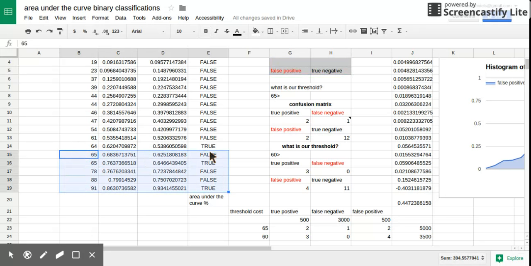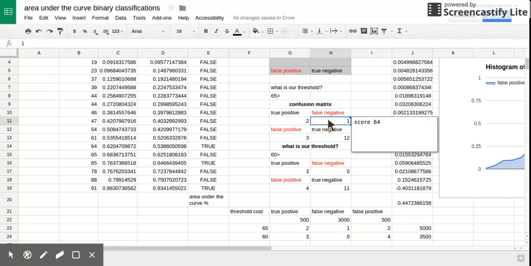And that means that in terms of true positives, I have 2 true positives over 65. 1, 2 true positives. I have 3 false positives.